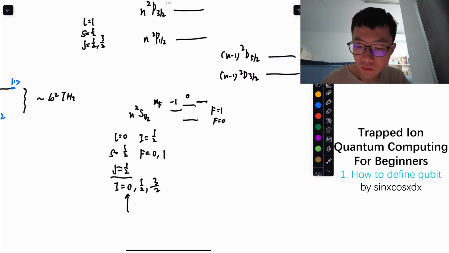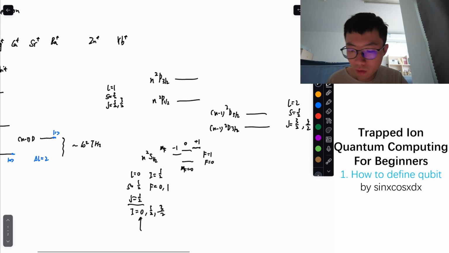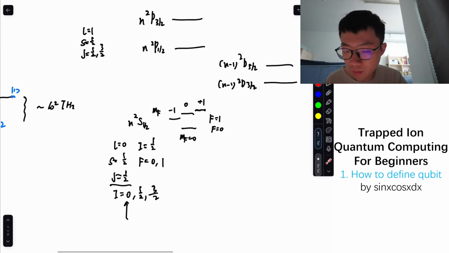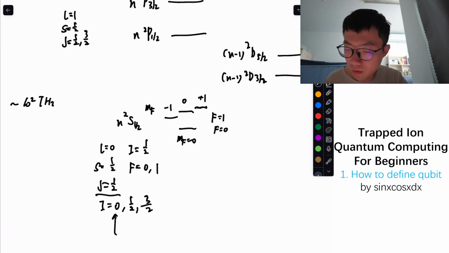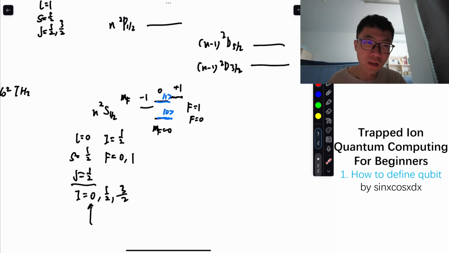MF equals -1, 0, and +1, 3 levels. And for this, MF just equals 0. And then we can define qubits here. We define this as 0 state, and this as 1. These are 2 states. And it nearly doesn't have any spontaneous emission from 1 to 0. It's nearly impossible, and the lifetime could be very long, even years.